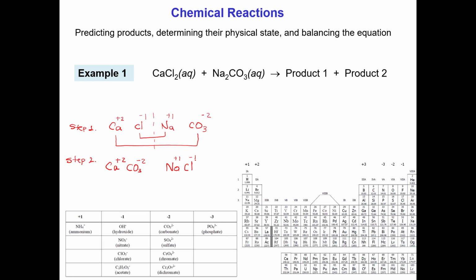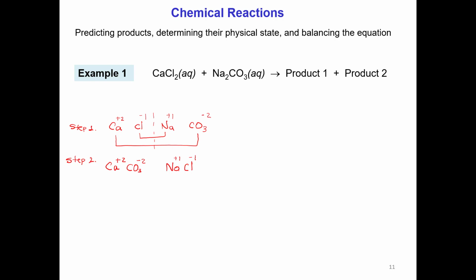Let's check if we have neutral products. We have +2 here and -2, which is neutral, so now we can write the final product without any charge. Let's see the other product. We have positive here and negative here, which is neutral, so now we can write the final product.